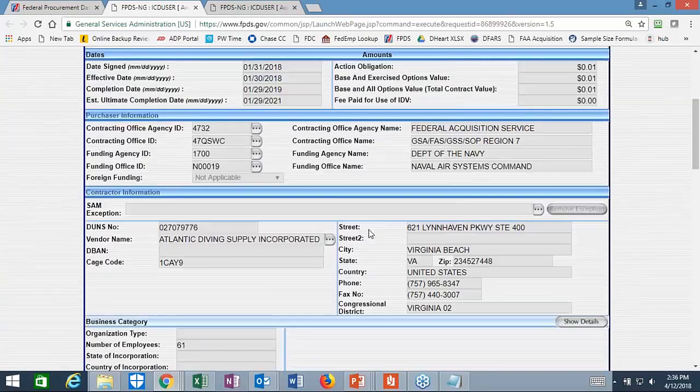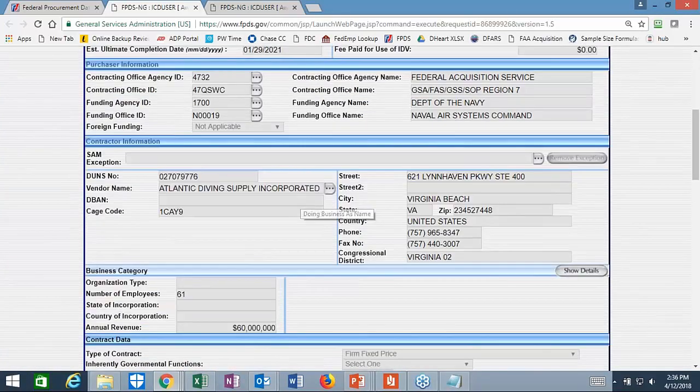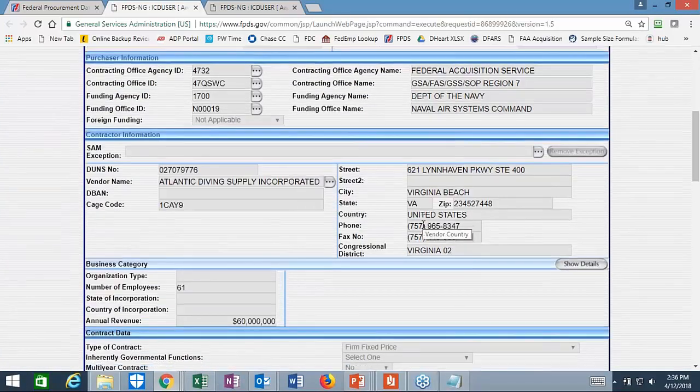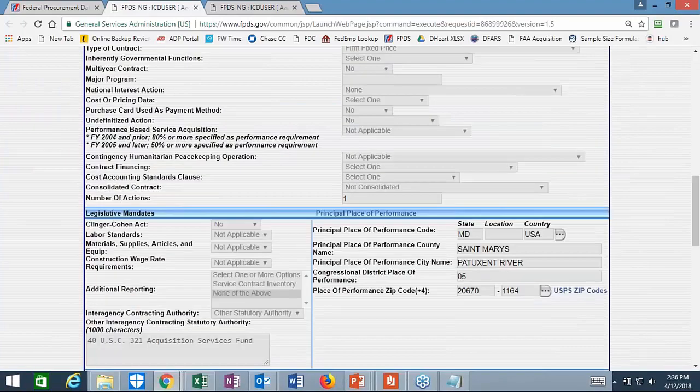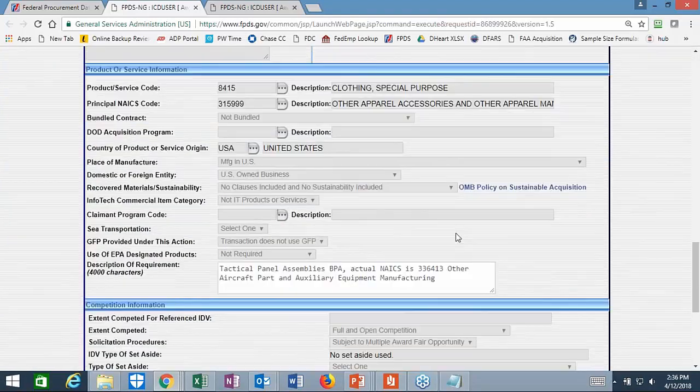Did you see what the purpose of that was? Atlantic Diving Supply Incorporated in Virginia Beach. Clothing, other apparel and accessories. That's kind of odd, for a panel assembly? Other apparel, it looks like, so it looks like clothing.